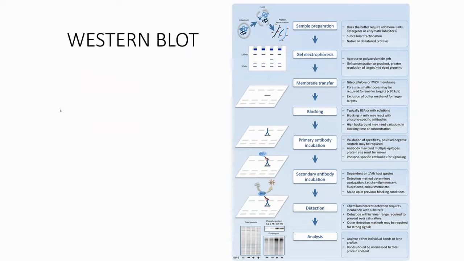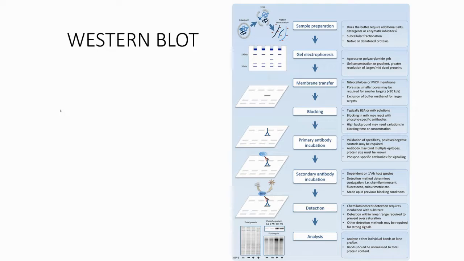The protein separation is based on the size or the isoelectric point. But most of the time, when you run the one-dimensional protein SDS-PAGE electrophoresis, it is based on the size.